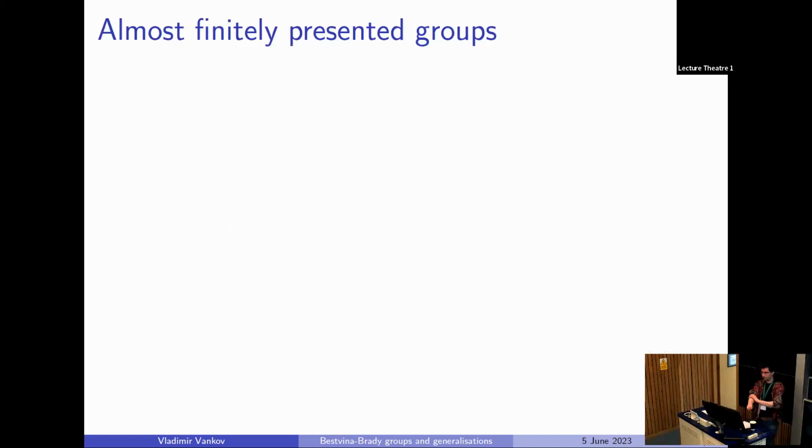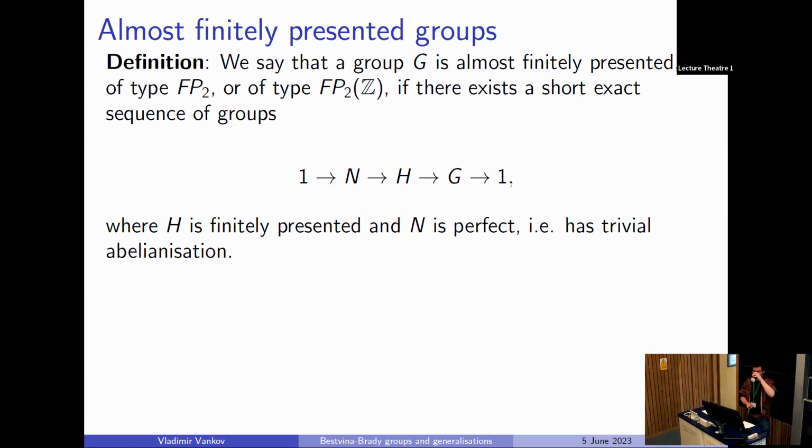Okay, moving on. We're starting to get towards Bestvina-Brady groups now. So first, let me define almost finitely presented groups. We say that a group G is almost finitely presented, or another name for this is of type FP2.